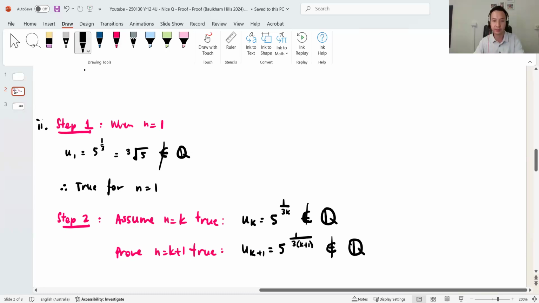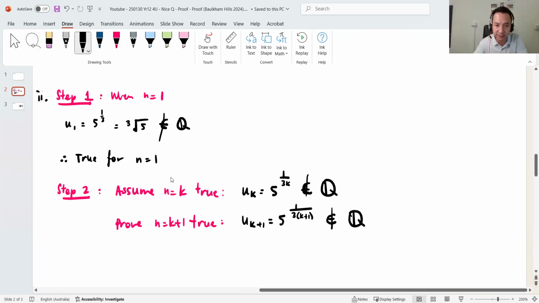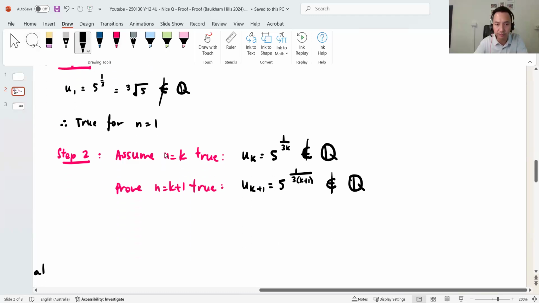Is that all right? So, okay, now let's see. Left-hand side. Right, so left-hand side equals u_{k+1}, which equals 5 to the power of 1 over 3 now. Obviously, I have to get my assumption in, right?